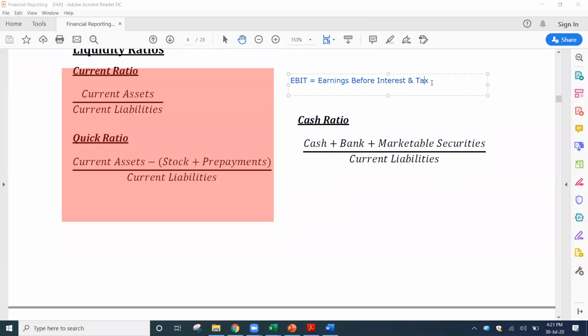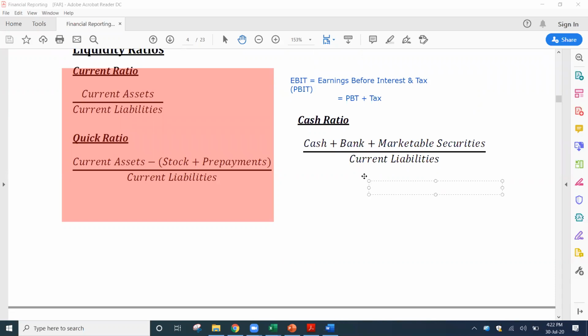Sometimes we call the same thing PBIT, which equals profit before interest and tax. We call it PBIT or EBIT. This equals profit before tax plus interest. That's how we calculate it.